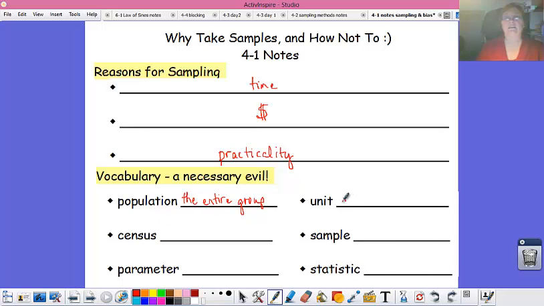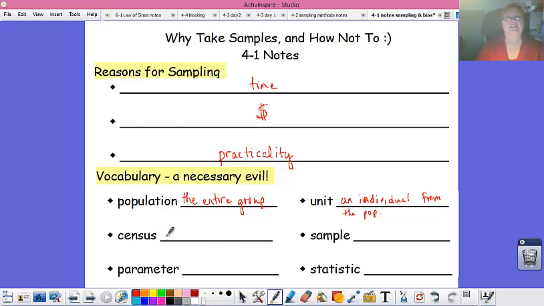A unit is an individual in the population.